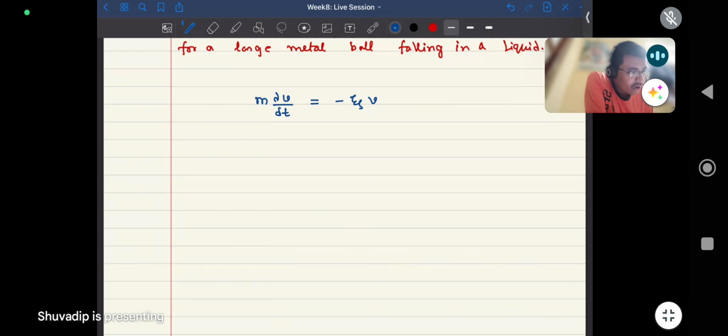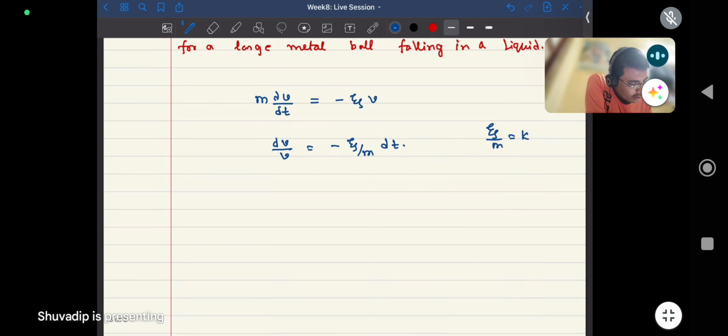So if I now take dv by v to this side, it will be xi by m dt. We'll call xi by m as k. If I now integrate both sides, this is k, with limits 0 to t, and on the velocity side v0 to v after time t.